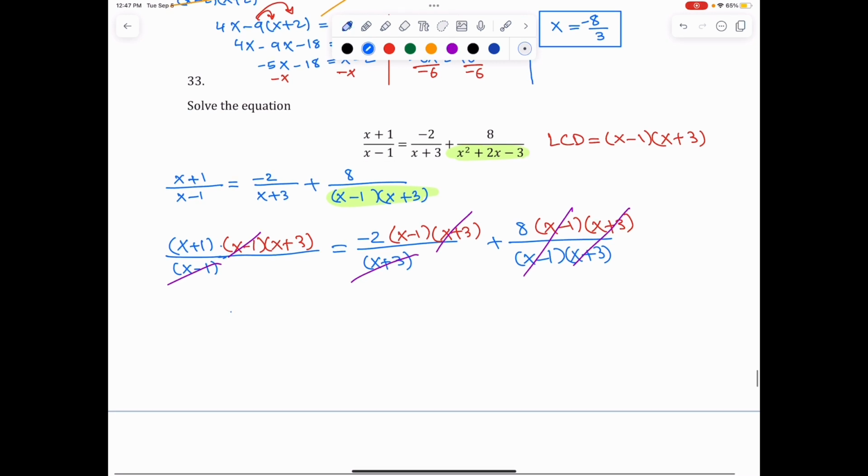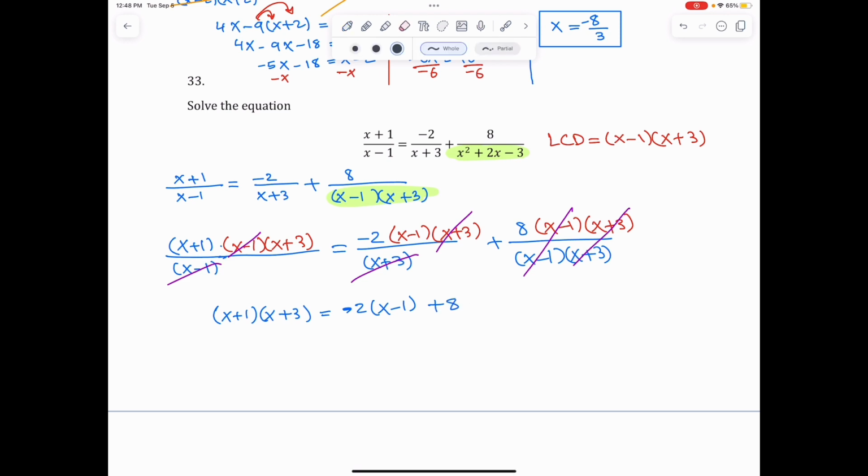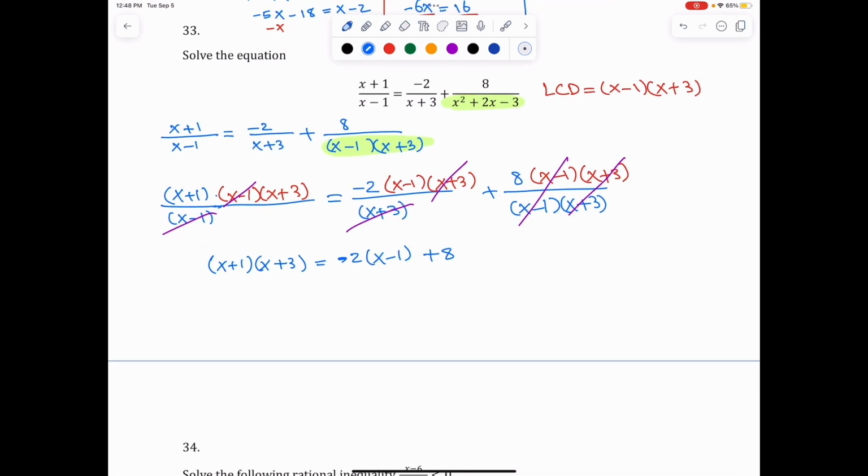Now we have x plus 1 times x plus 3 equals negative 2 times x minus 1 plus 8. Let's say just plus 8. So I will FOIL the first two binomials.